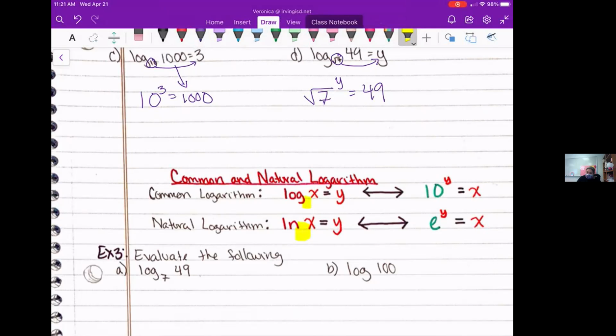If you're missing a number from the log, that's really base 10. It's given, it's automatic. Why is it base 10? Good question. The reason it's naturally base 10 is because that's our counting system.